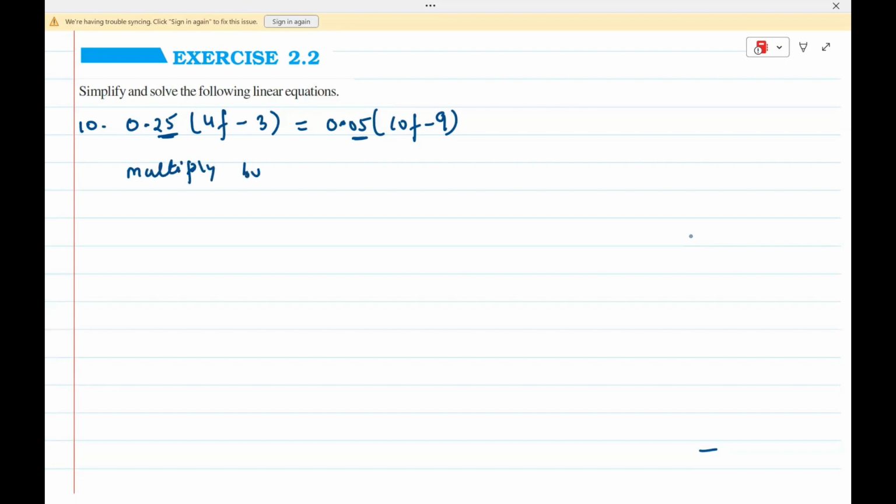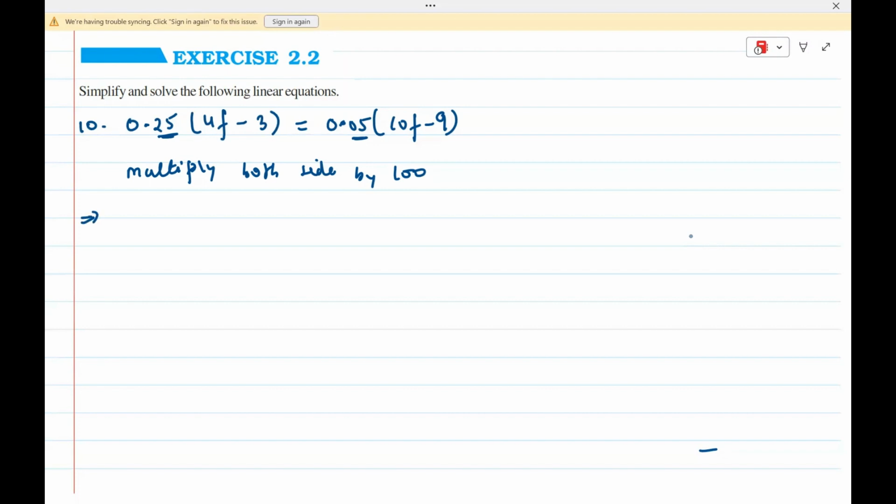Multiply both sides by 100. So this is the rule. You can multiply by the same number on both sides of the equation, or you can add, subtract, or divide the same number. It is not going to affect your original equation or the value of the variable. It does not affect at all.